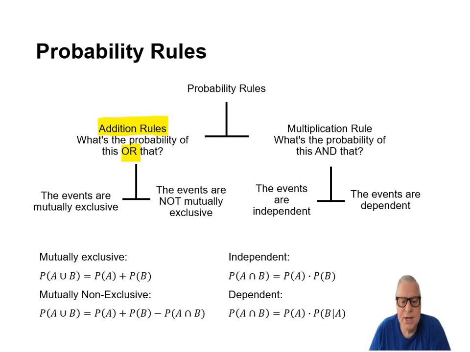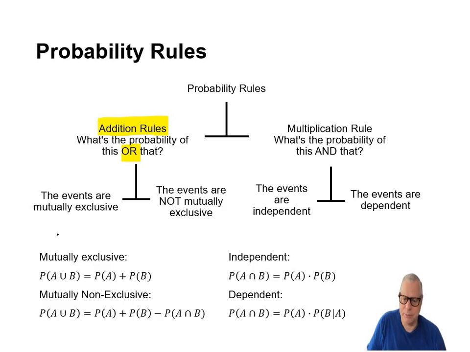When the events are mutually exclusive, like for example, you roll a die and the question is what's the probability that you roll a 1 or a 2?